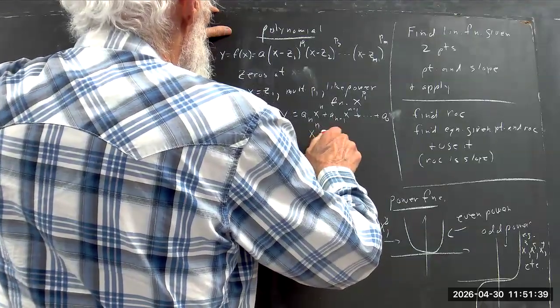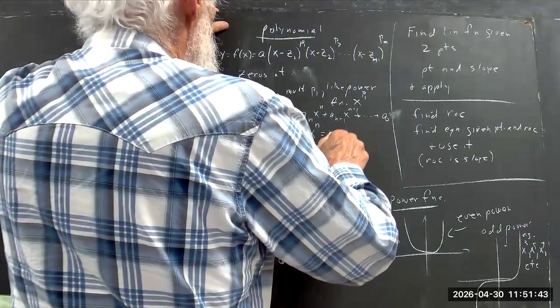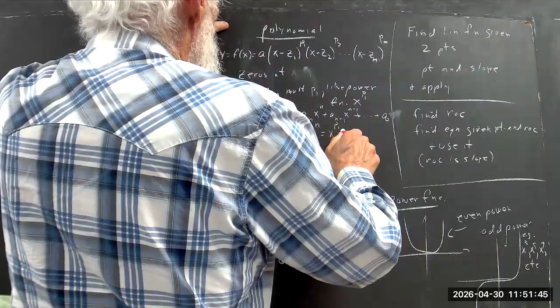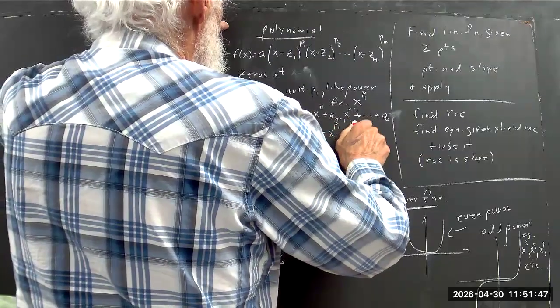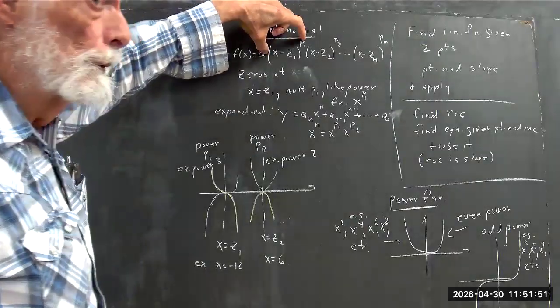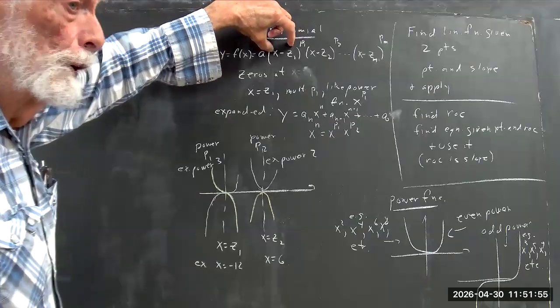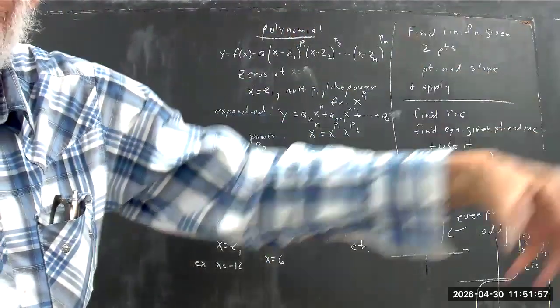Your x to the n term is going to be x to the p1, because if you expand this, you're going to get an x to the p1, right? If this is the cube of x minus some number, then you're going to get x cubed plus some other terms.